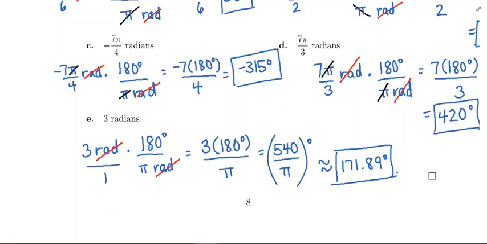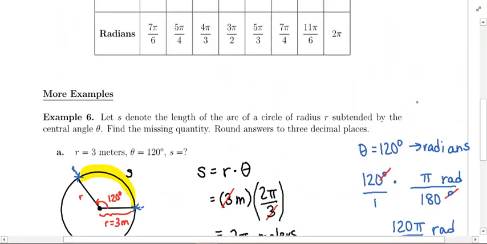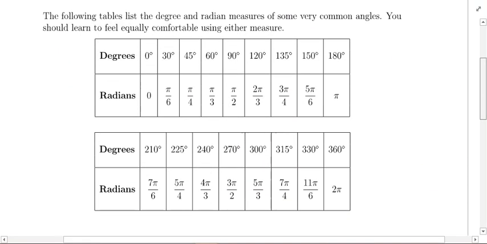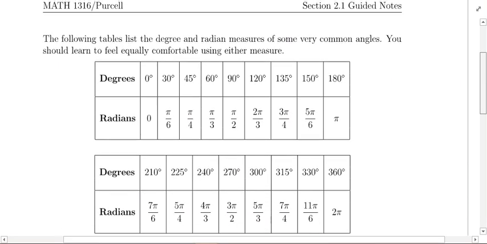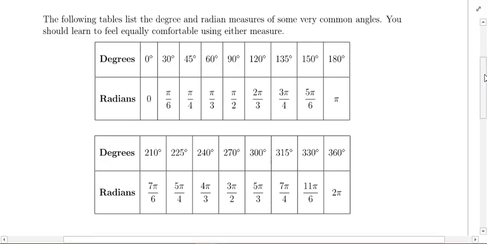All right, so that was some practice converting from radians to degrees. We've already practiced converting degrees to radians. If you look at the top of the next page, you will see a table that gives you degree and radian measures for some very common angles. There are actually two different tables, and across the top lines of both, you've got angles measured in degrees.